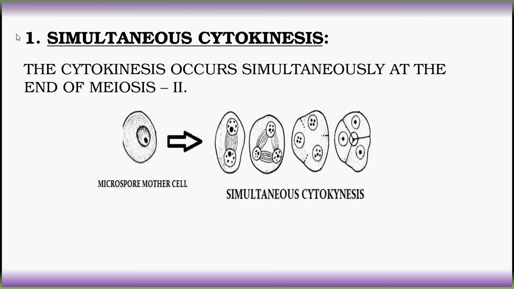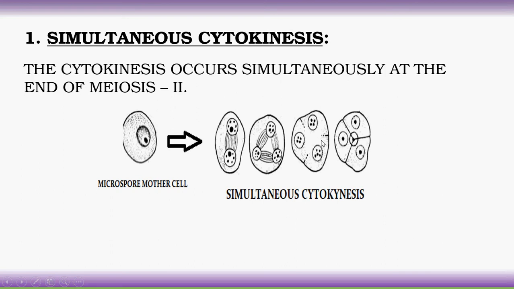Let's see the photograph. The microspore mother cell undergoes meiosis division. In the first meiosis division, 2 daughter nuclei are formed. These 2 daughter nuclei undergo meiosis 2 and finally form 4 nuclei. After formation of these 4 nuclei, it undergoes cytokinesis to form the tetrad.